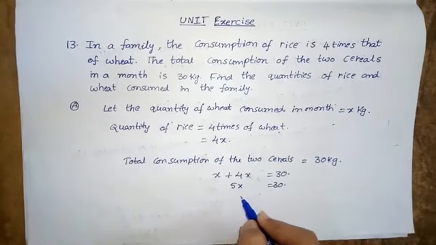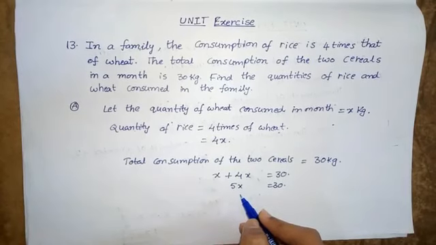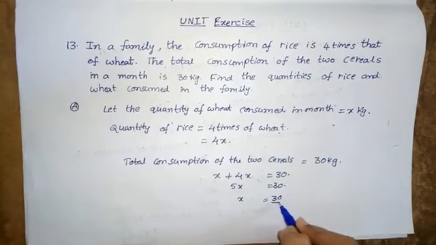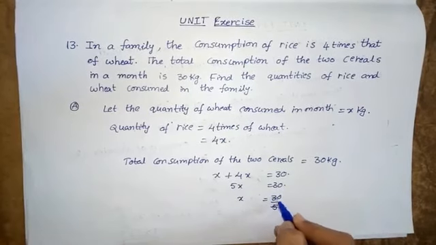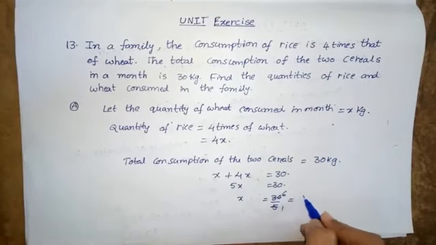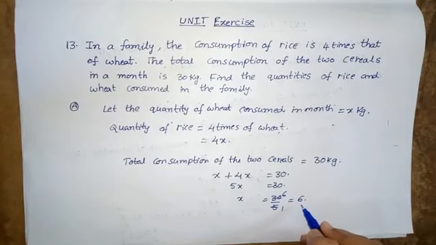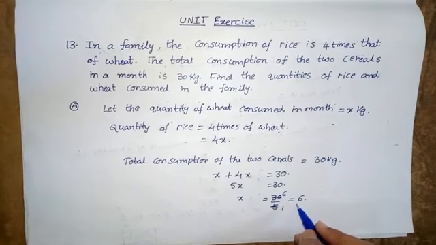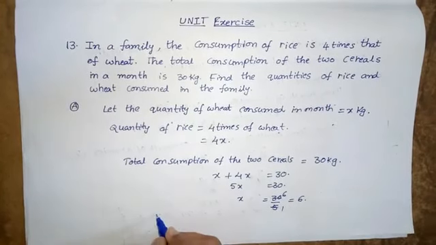So from this simple equation, find the x value. So x is equal to 30 by 5. 5 ones are 5, 5 sixes are 30. So x equal to 6. So x equal to 6 represents the consumption of wheat, which is 6 kg.